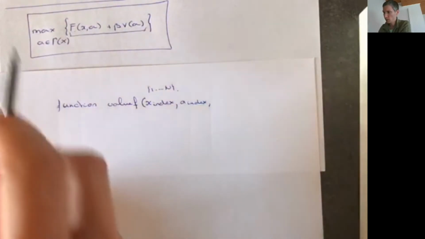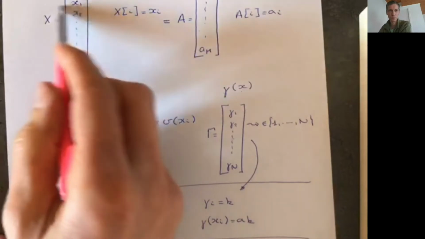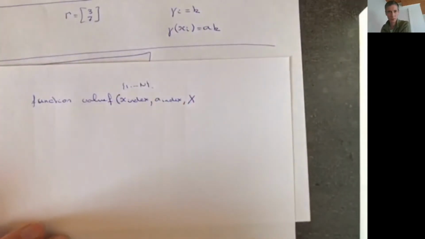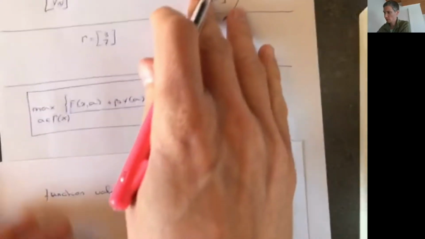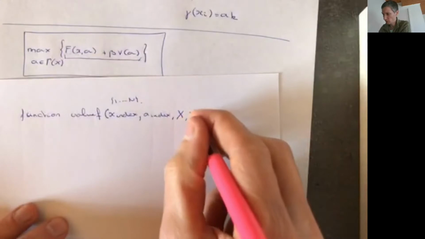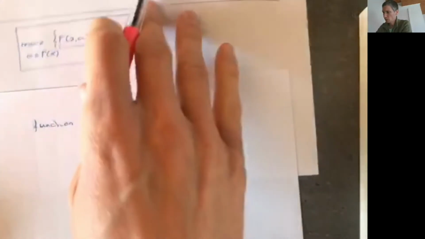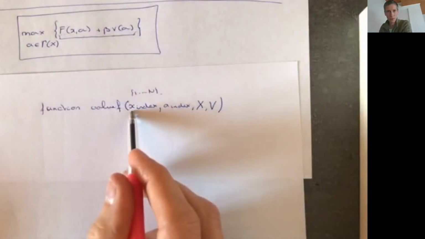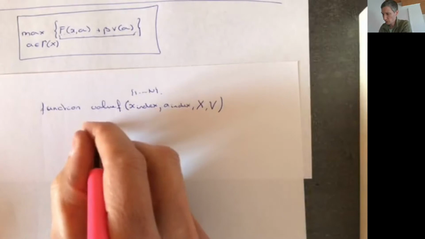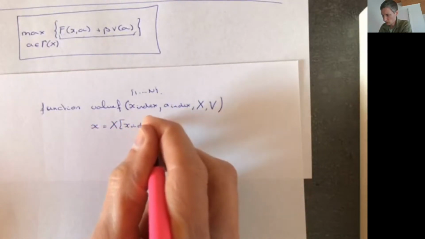Then I'm going to have to get the value of x and a. So I have to somehow give it this big vector x, and I'm also going to have to use v. So these are the inputs of my function. If I have the x index, then my x is equal to x at x index.